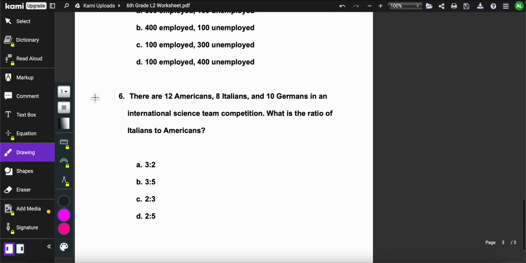Lastly, let's look at number 6. There are 12 Americans, 8 Italians, and 10 Germans in an international science team competition.